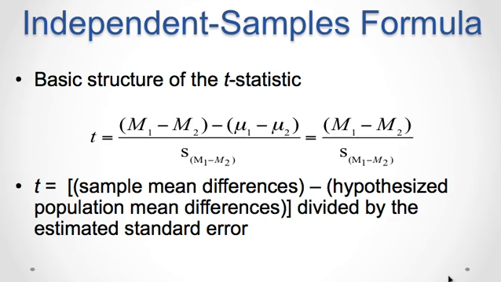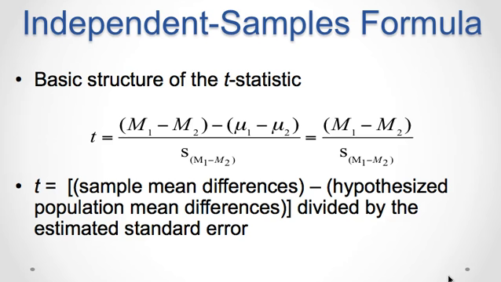However, in the independent samples situation, all components of the t formula are doubled. There are 2 sample means, 2 population means, and 2 sources of error contributing to the standard error in the denominator.